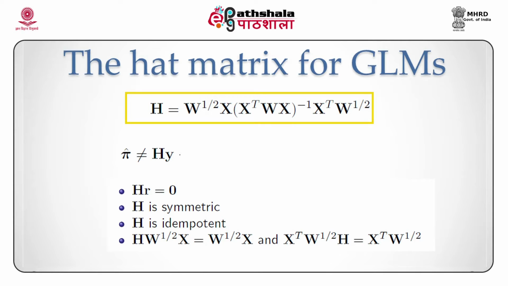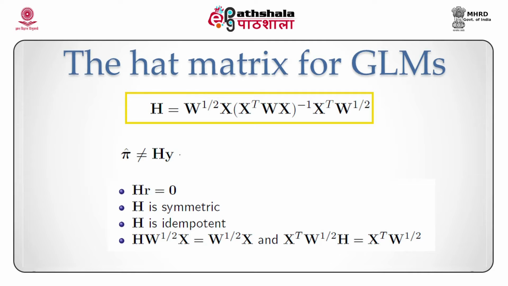Now the hat matrix for GLMs is somewhat different from the hat matrix for LMs. So to begin with, note that if we were to have binomial data, for example, then pi hat is not obtained by multiplying y by the hat matrix.